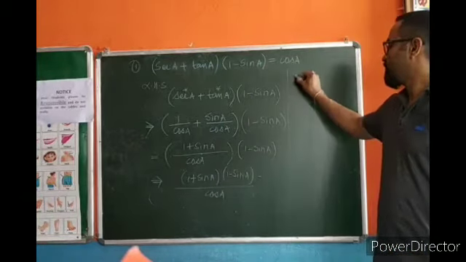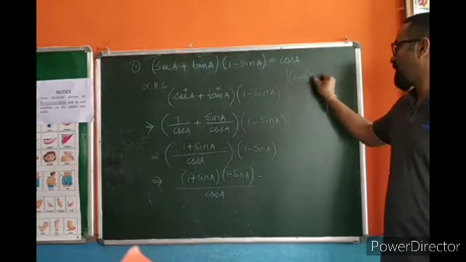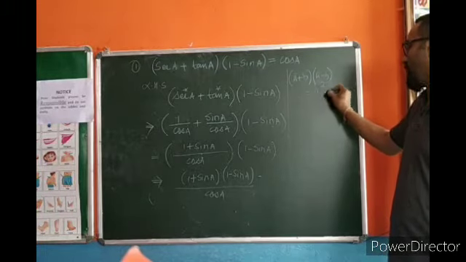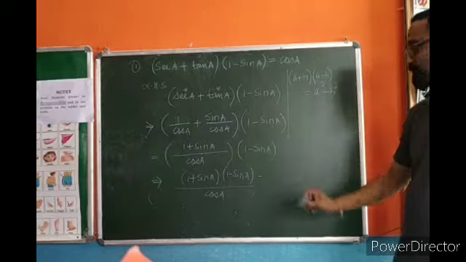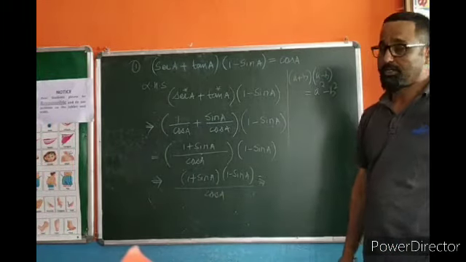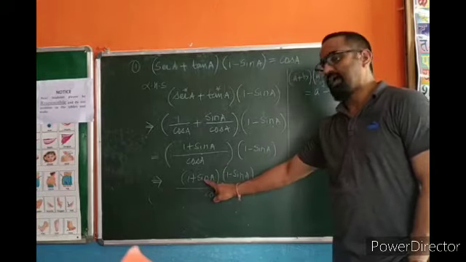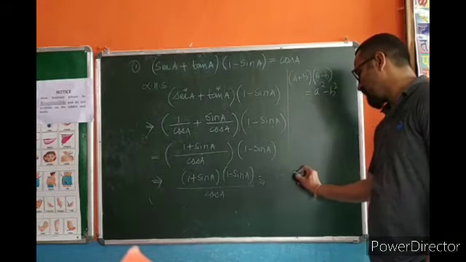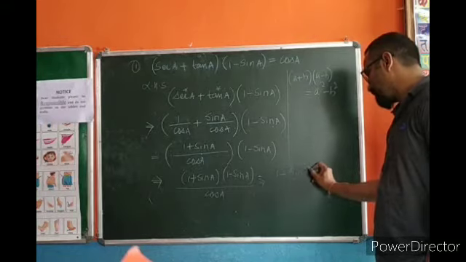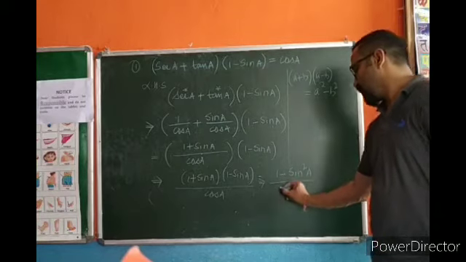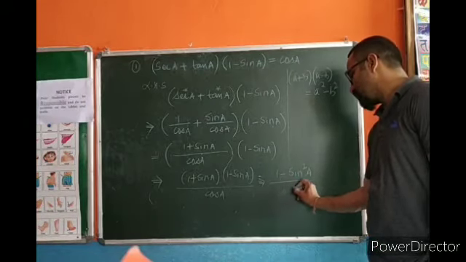Suppose you have A plus B and another term A minus B, we can use the formula and write A square minus B square. So a similar formula is applied at the numerator. (1 + sin A)(1 − sin A) can be written as 1 minus sin square A, because square of 1 is 1. Denominator you write as it is, cos A.